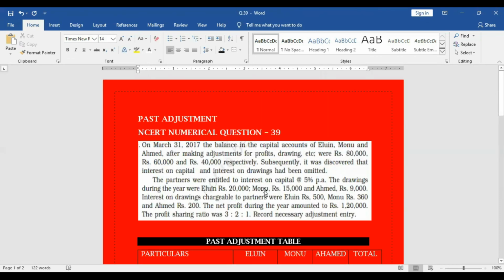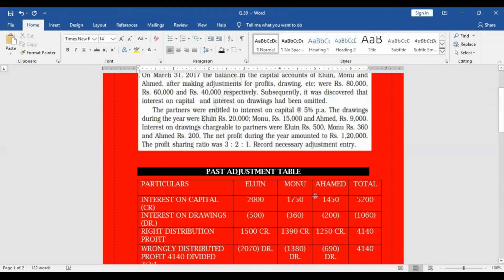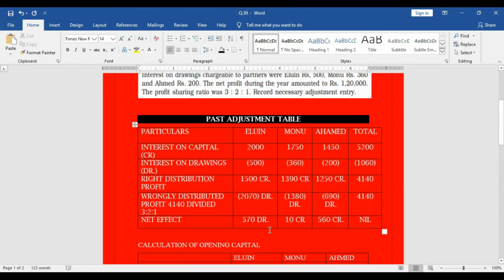Let's see the recap. In the question there are two mistakes: interest on capital as well as interest on drawing were omitted, not recorded. Because of that, the profit is wrongly distributed. Instead of 1,500 for Yelun, 2,070 was distributed, so there is an excess credit of 570, and to correct it this capital account is debited with 570.